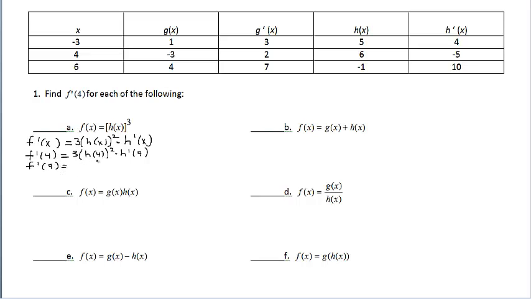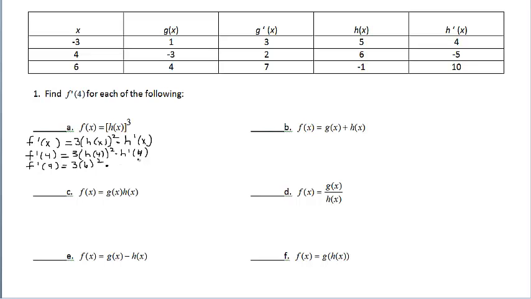Alright, so we're going to go up to the table and retrieve h of 4. Once we find that our x value is 4, we're going to move over until we find the h of x value. H of 4 is 6. And then we're going to multiply that by h prime of 4.